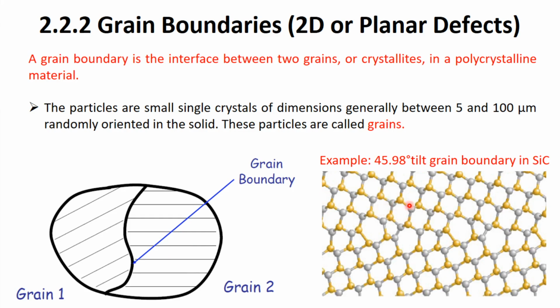As you can see from the right hand panel figure, we have silicon carbide, and you can see that they are misoriented, and where two crystals meet, this is called a grain boundary.